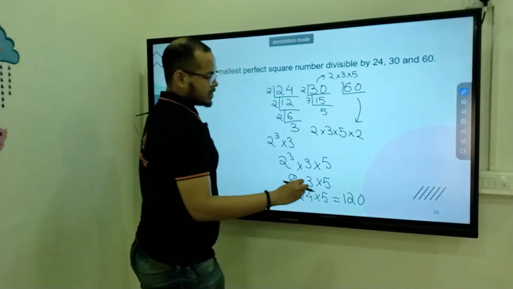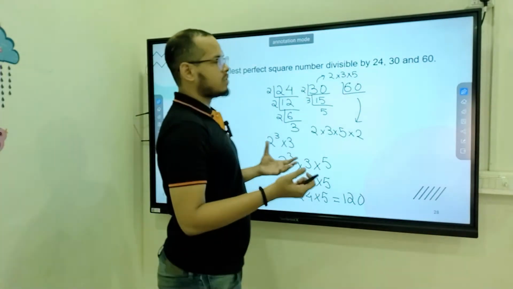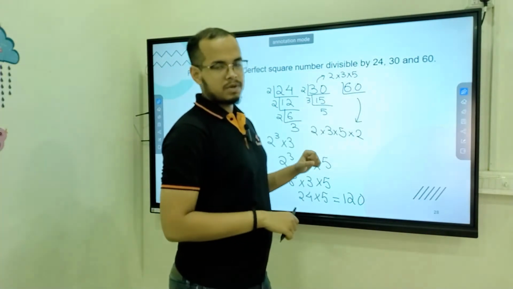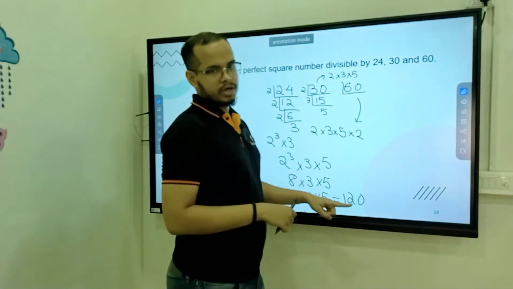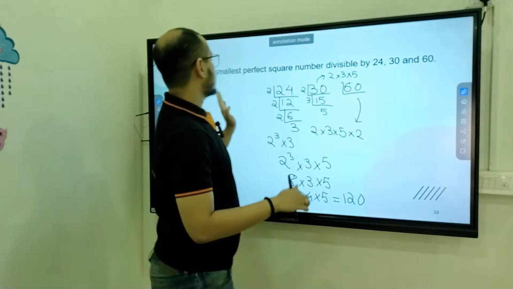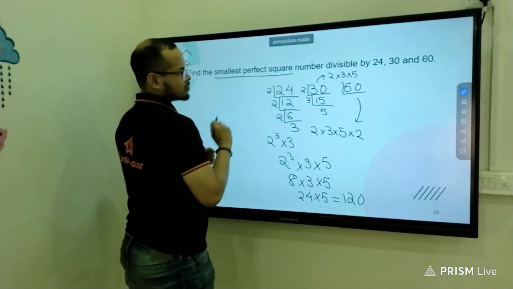So the least number that all three are divisible by is 120. But we have to find the smallest perfect square.